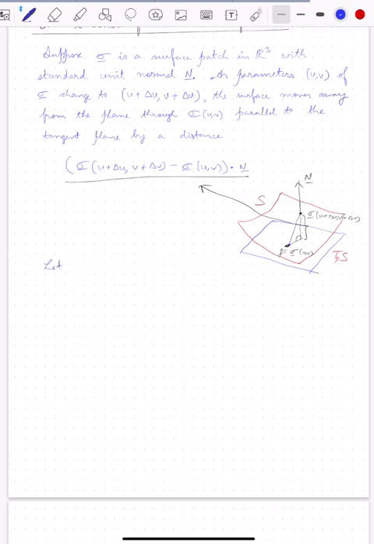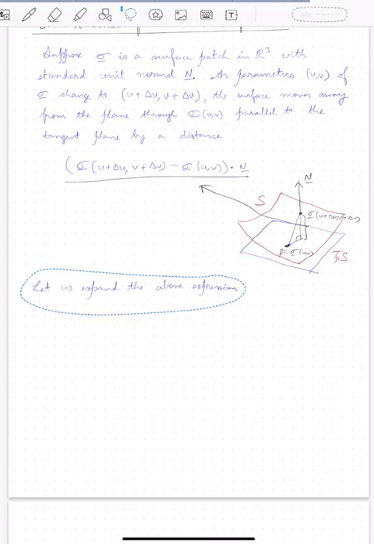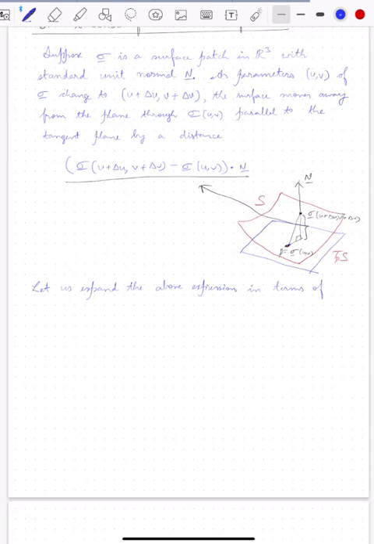So this is the degree of deviation from the tangent plane, right? So now let's expand the above expression in terms of Taylor series.